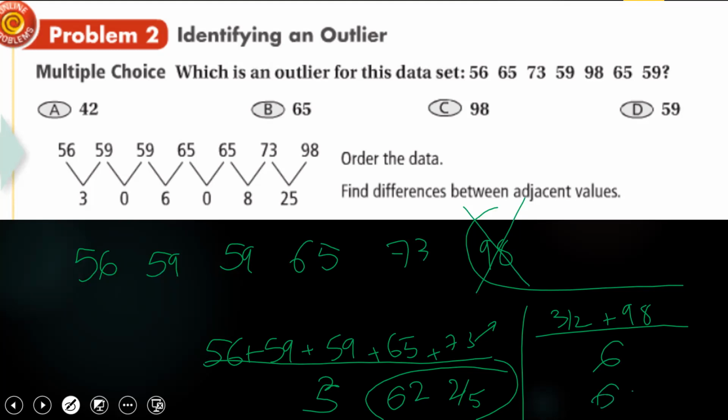It will be 68. So look at the mean, how it increased with the outlier. This is how we can find the outlier.